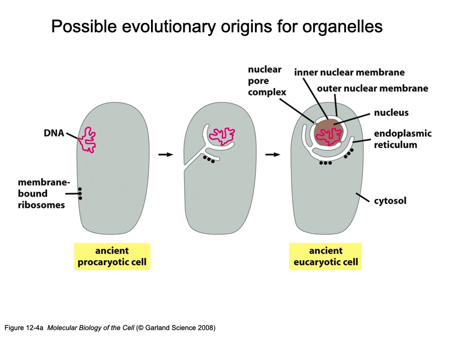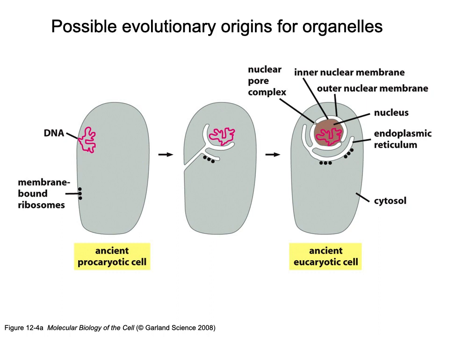Keep in mind that prokaryotic cells have a circular chromosome that condenses down on itself, and so keeps itself compacted into an area inside the bacterial cell. During this process, the invagination of the membrane became enclosed around that aggregated DNA and developed into a nucleus. And then because we had ribosomes bound to this plasma membrane, it then becomes the endoplasmic reticulum.